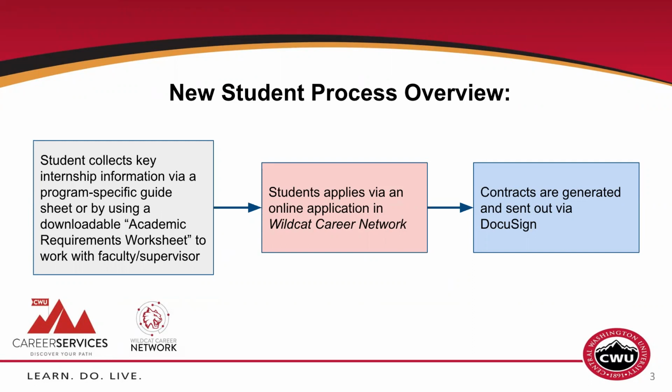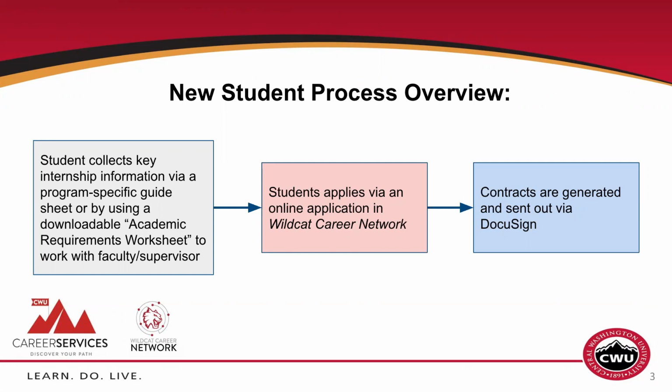So to solve this, we've provided two different avenues students can use to collect that information. The first is for programs that have program-specific details. For instance, programs that always have the same learning objectives or that always have the same assignments for student internships. For those programs, we've created a series of PDF guides on a website, and we tell students to first check this list to see if their program is listed.